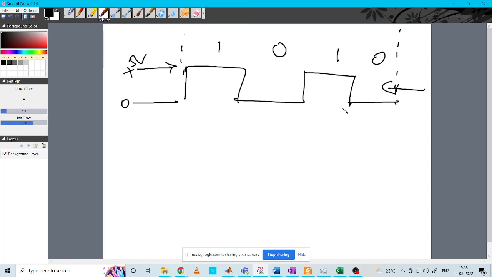In binary only? Okay. What if I say it is not 1010, it is 11001100. Am I wrong in saying that? No, sir.